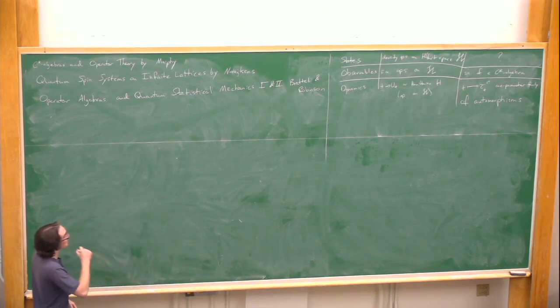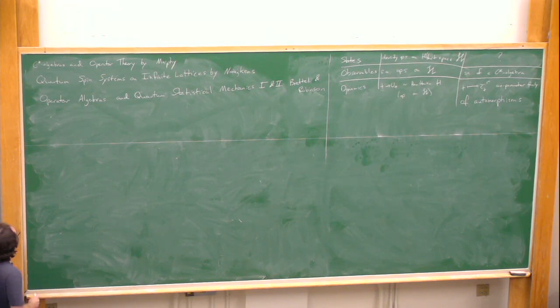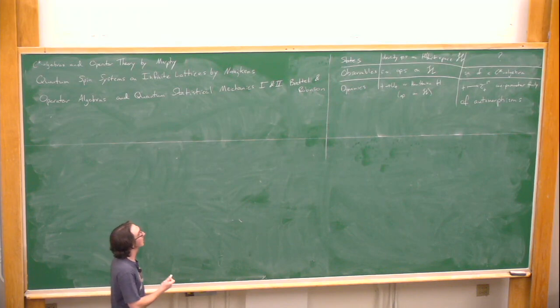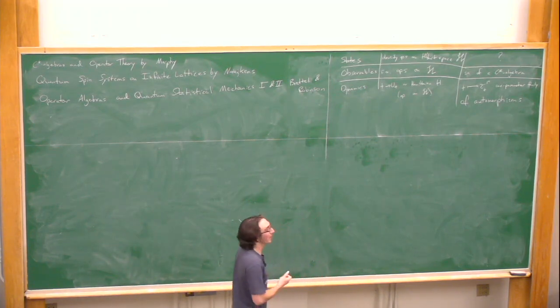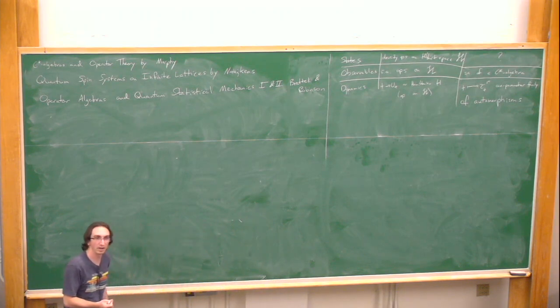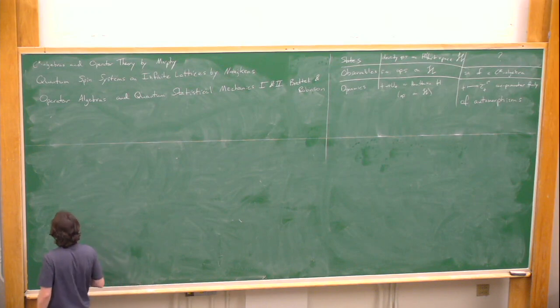Okay, so, a state in the Hilbert space formalism. The key is to think about the state not as a vector or a density operator, but in terms of the expectation values of local observables in that state, or quasi-local observables.